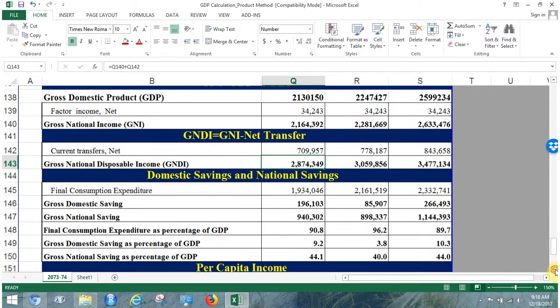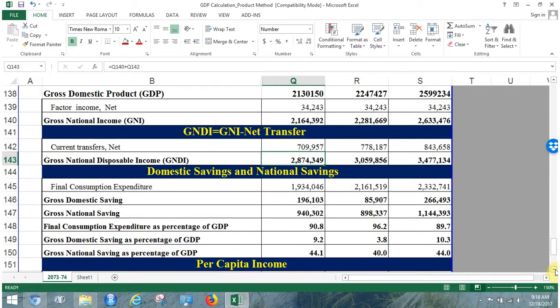So next we move to how the domestic savings and national savings in an economy are calculated. To calculate the domestic savings and national saving, we need an estimate of the final consumption expenditure of the economy. The final consumption expenditure includes the consumption expenditure by households and government.